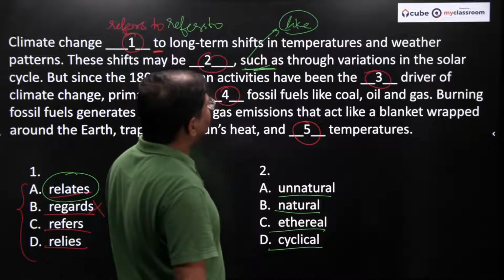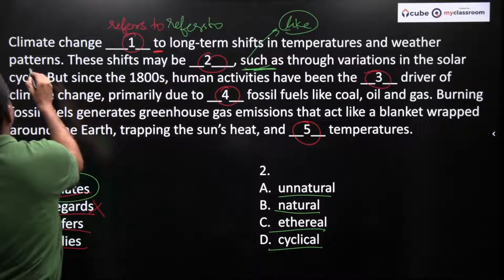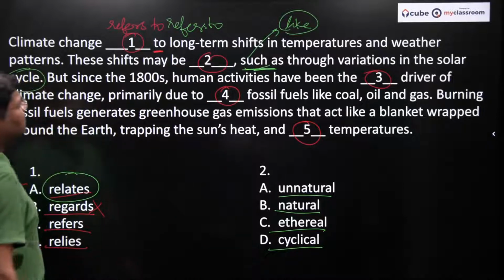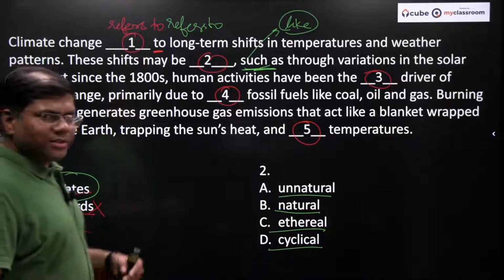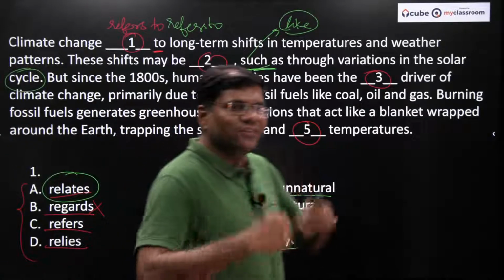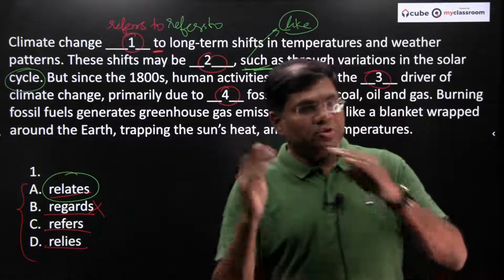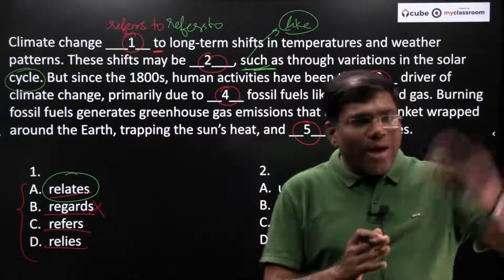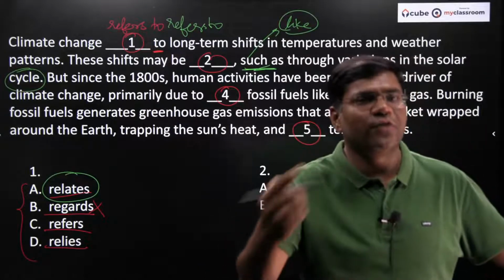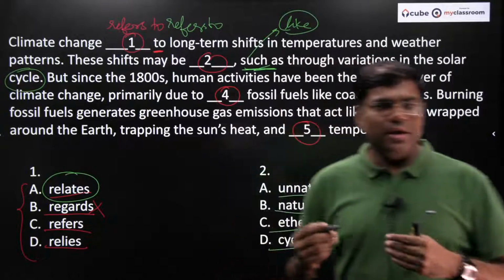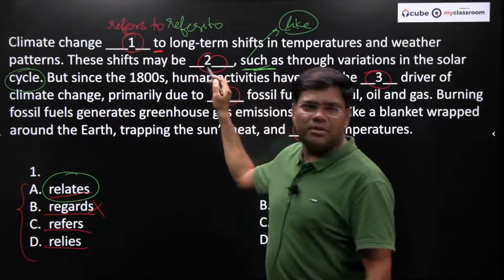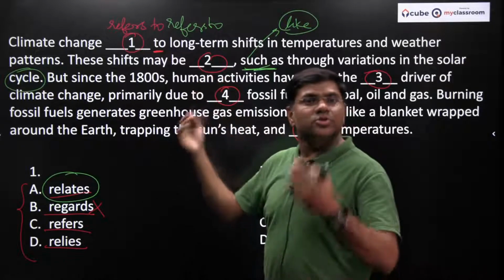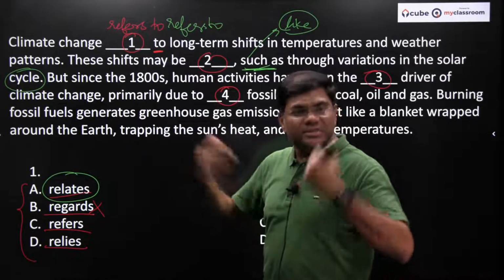So now you see here that there is solar cycle given here. These shifts may be dash as through variations in the solar cycle. It is not that the solar cycle is making the shift cyclical. No. The solar cycle might influence these shifts. This is the difference. So you should not say that just because we have the word cycle, this becomes cyclical. There is no evidence for it because the solar cycle is causing this.